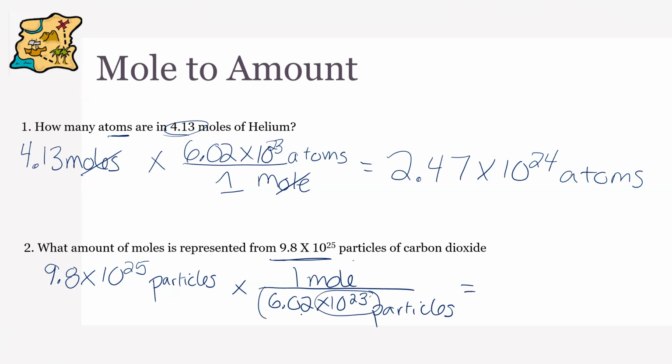And so if you divide it correctly, you may need to use parentheses. You should, to the correct sig figs here, get 160 moles. So if you get 1.6 times 10 to the, like I said, 48th, 49th, that probably means you did not enter it in your calculator correctly.